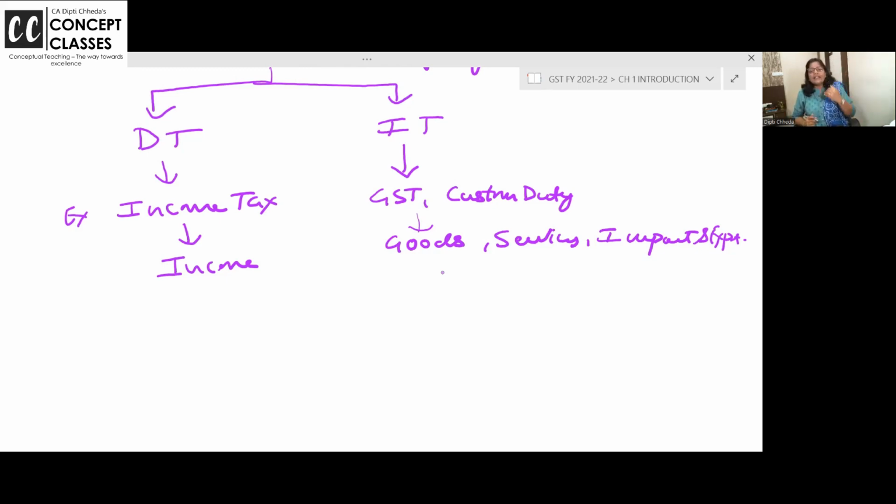You all are taking coaching at concept classes. Now on the services, coaching service, are you paying GST? Answer is yes. But are you saying, Dipti ma'am, take 5,000 fees and 500 GST, go and give it to the GST department? No, you are giving it to me. I'm the service provider. You are giving 5,500 to me. I'm giving it to government.